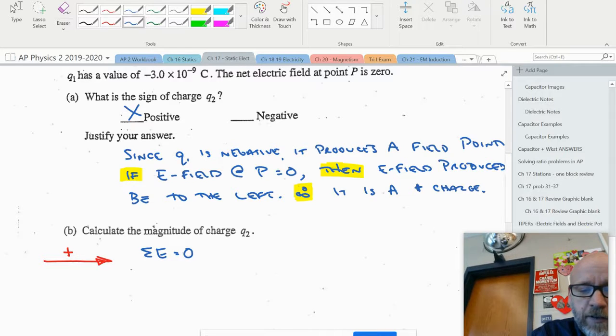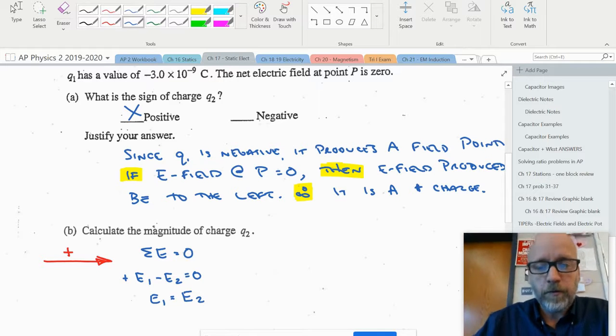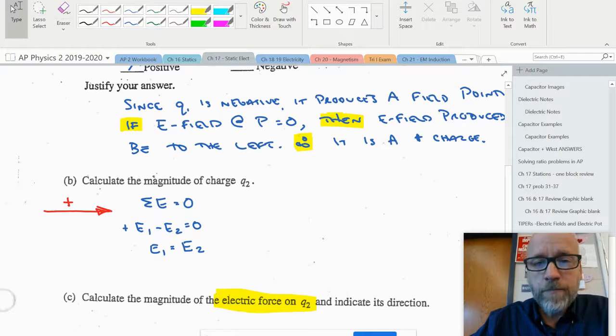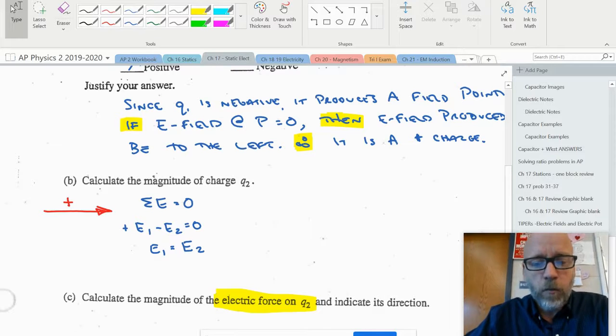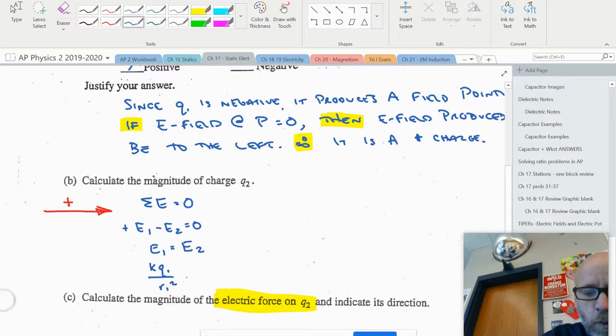That's going to tell me that I have plus E1 minus E2 equals 0. And I have a feeling you already knew that these electric fields were equal and opposite. All right, cool. Now, for a point charge, we know a formula for electric field. KQ1 over R1 squared equals KQ2 over R2 squared.